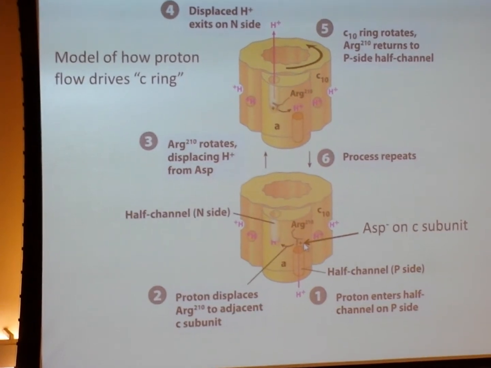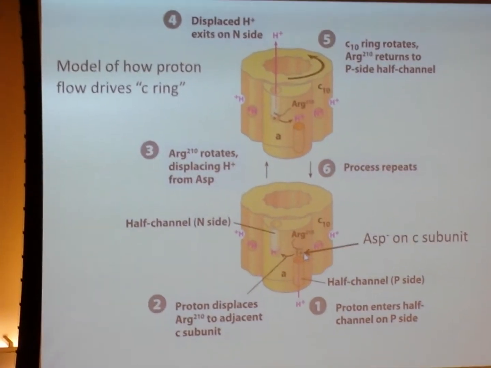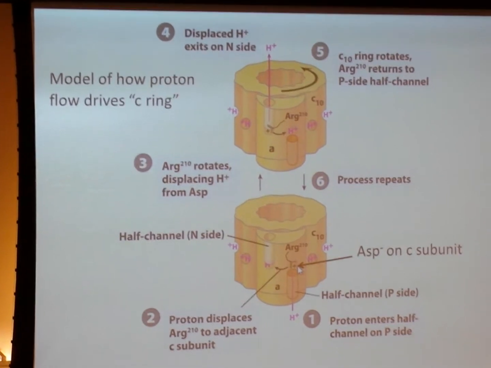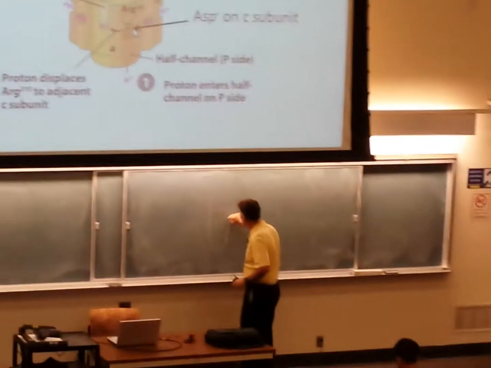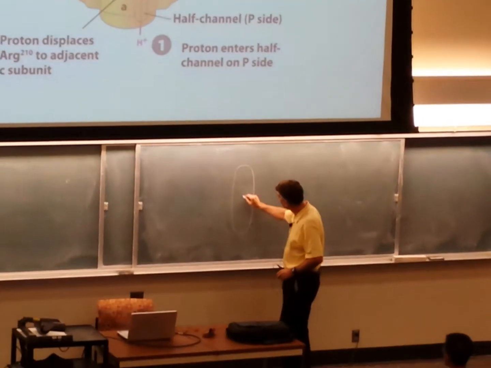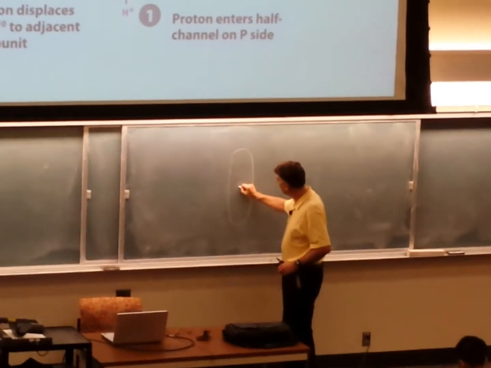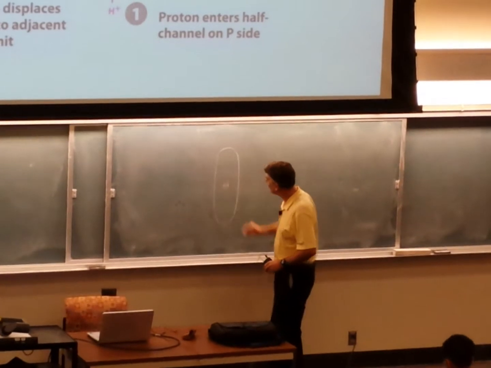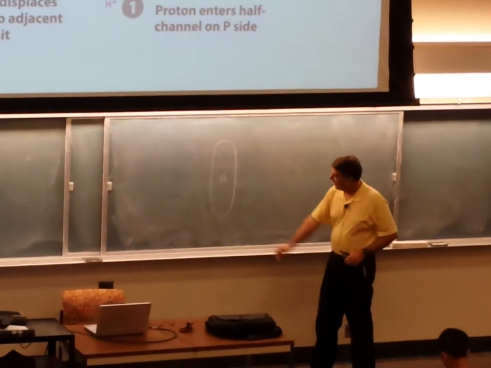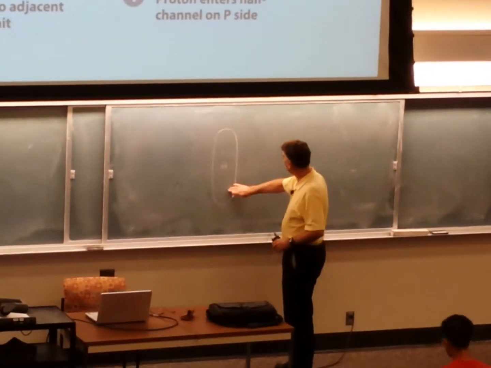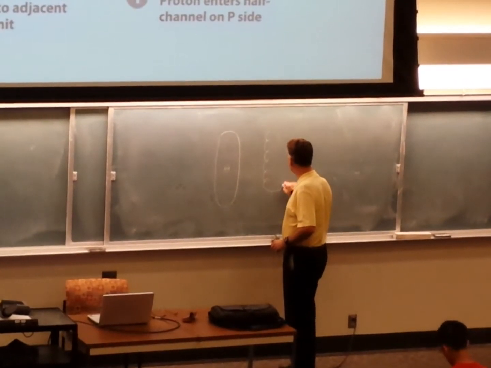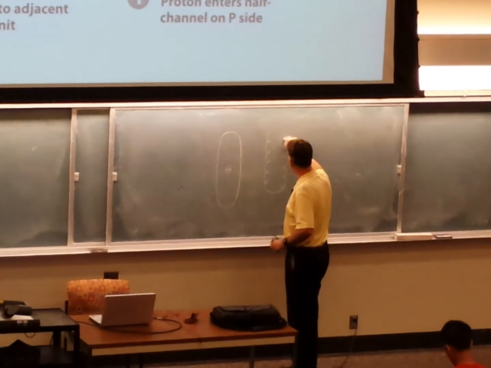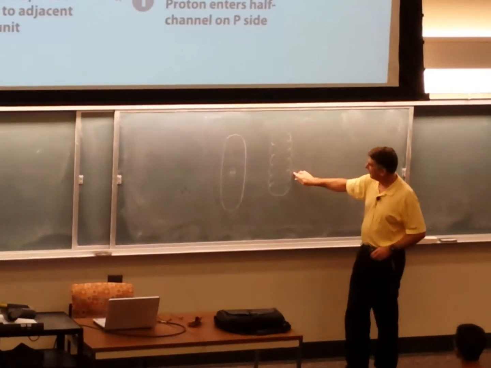So if we were to take one of these C subunits, so this is one C subunit. Right here in the middle is an aspartate with a negative charge. And this whole thing, the C subunit, really is one alpha helix, but it has two parts.